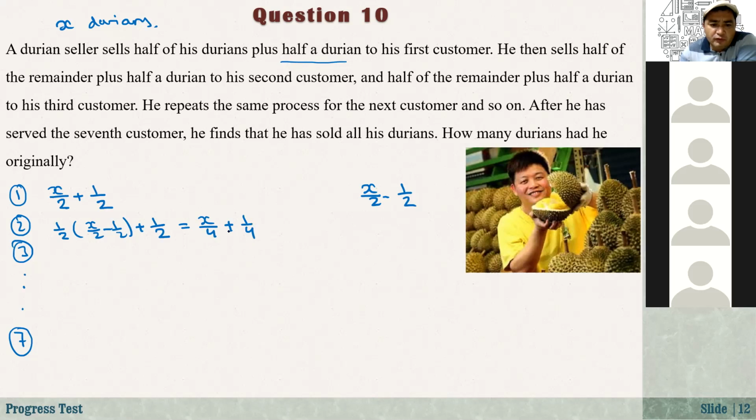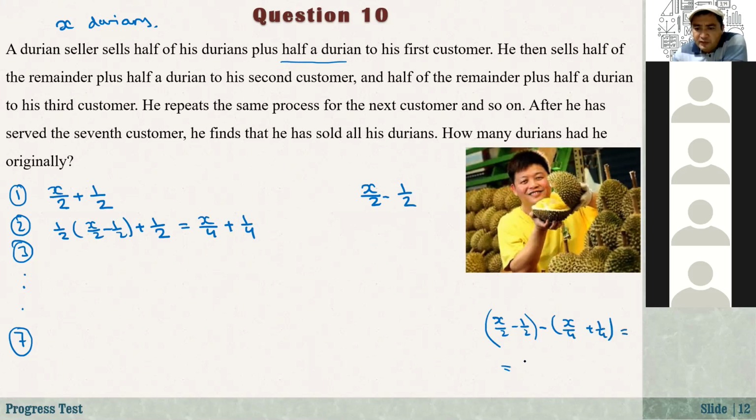So now if we have already solved this and we had x over 2 minus 1 over 2, now how many durians are left? Let me just do the calculation here. x over 2 minus 1 over 2. We had this many durians after selling to the first customer. And again, we just solved x over 4 plus 1 over 4 for the second customer, right?